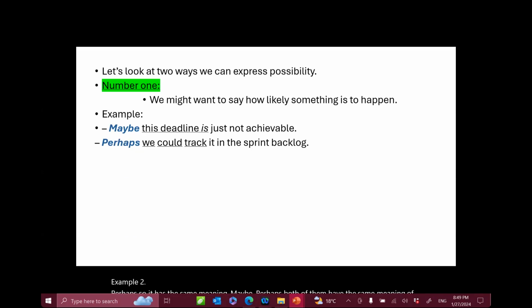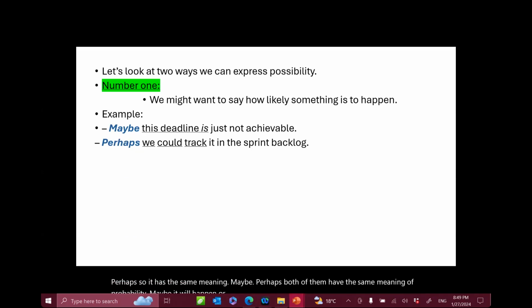Maybe it will happen or not. Perhaps we could track it in the sprint backlog. So followed again by a complete sentence like starts with the subject we and then the verb could track. Perhaps we could track it.